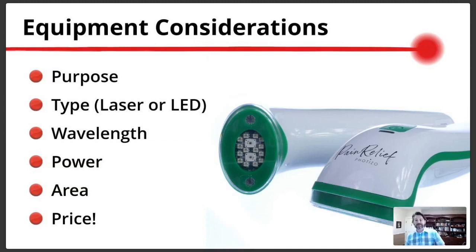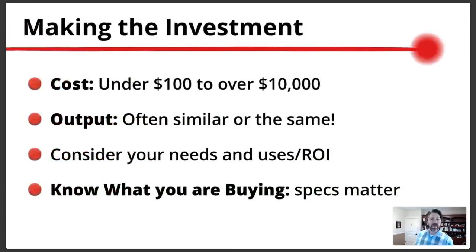And then price. Let's talk about price for just a minute. Because you can get light therapy devices for well under $100. I've searched online, I've seen them, little Chinese-made flashlights with different colors of LEDs, and no rhyme or reason. They have red and green and blue and yellow and infrared, and they just cram them all in there into this light show Christmas tree thing, throw a battery in it and call it a light therapy device and sell it for $19 on Amazon.